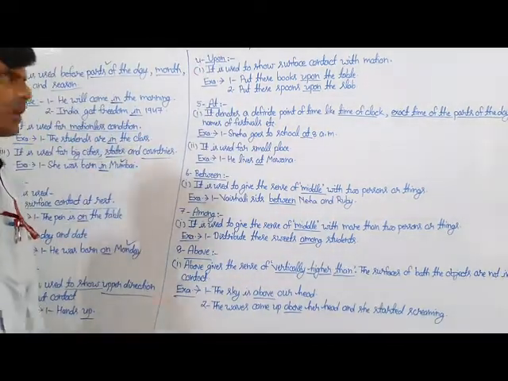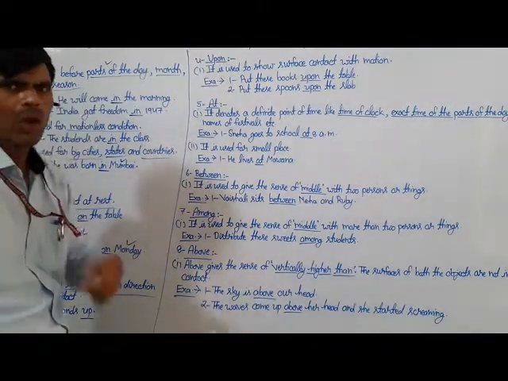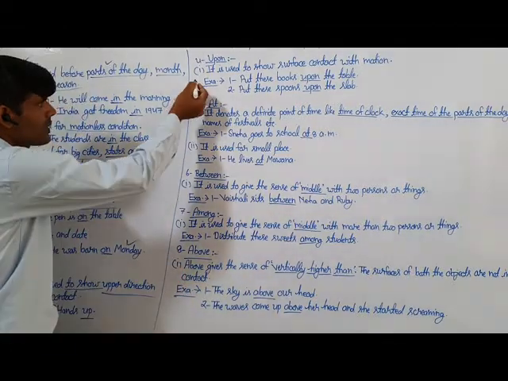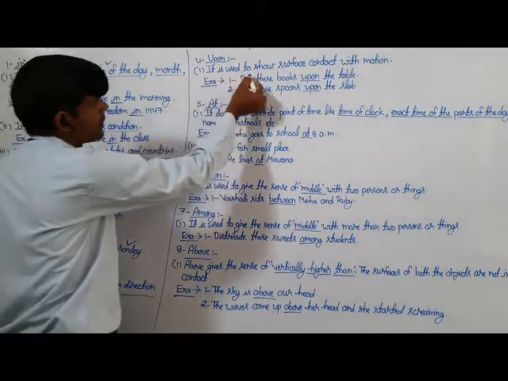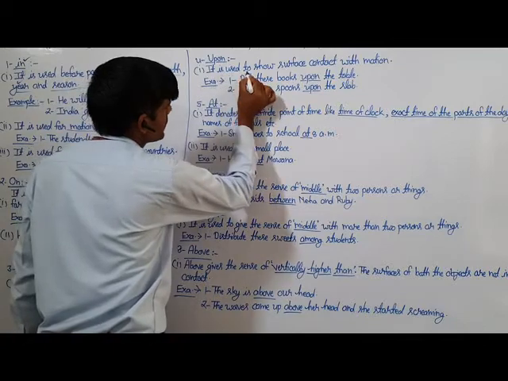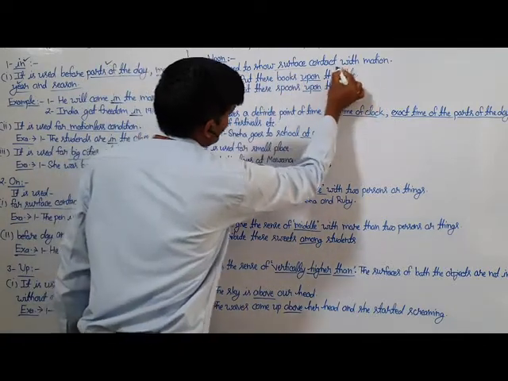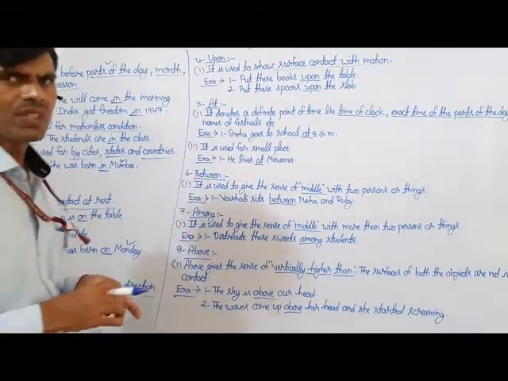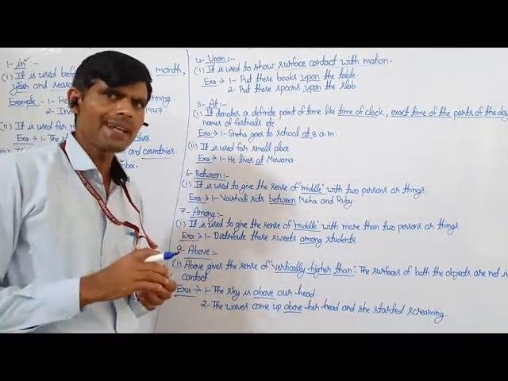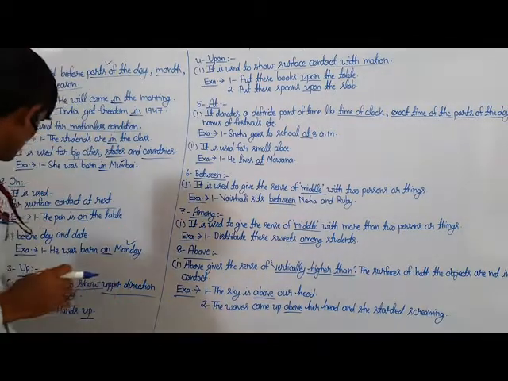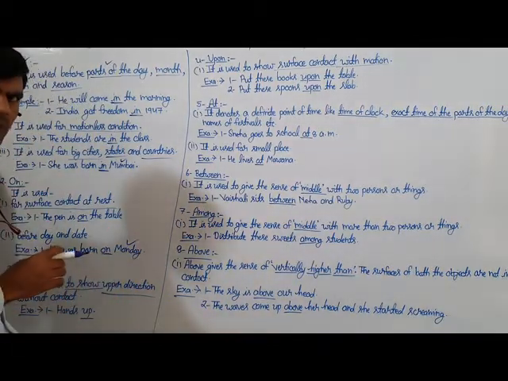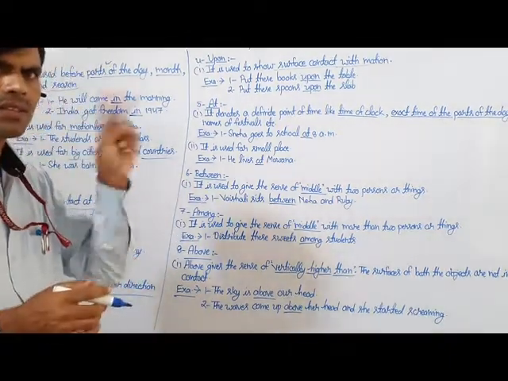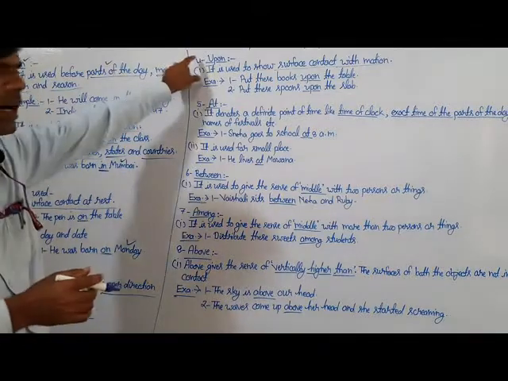Now the next preposition, a very important one, is upon. So what is the use of upon? The first use of upon is to show surface contact with motion. Upon is a preposition which is used to show surface contact with motion, and on is used to show surface contact at rest. There is a difference between on and upon.